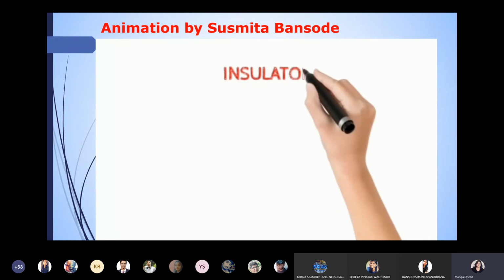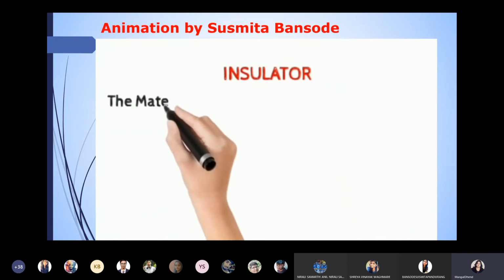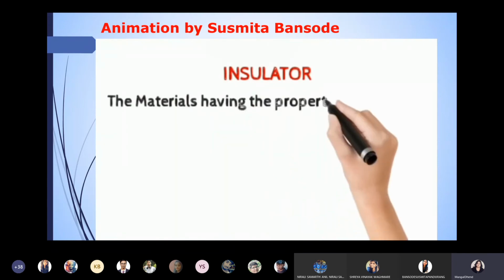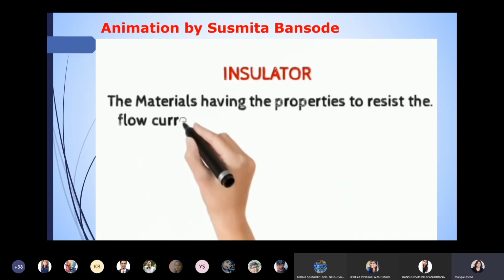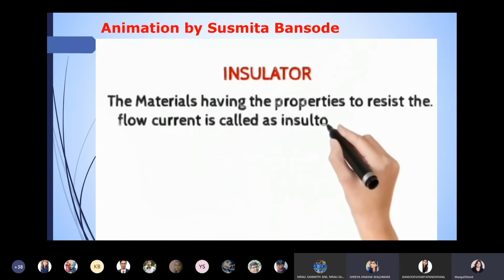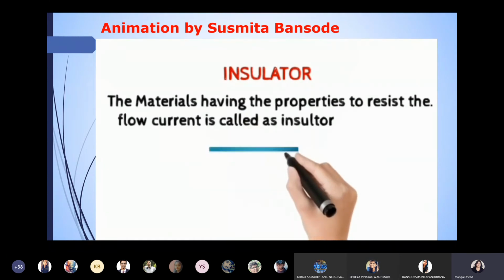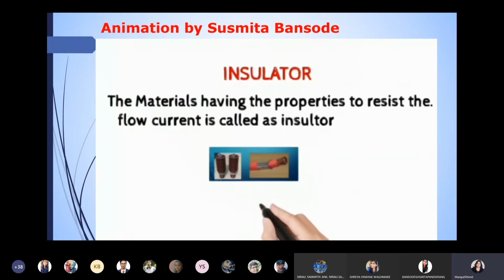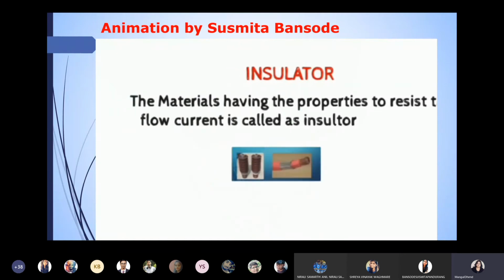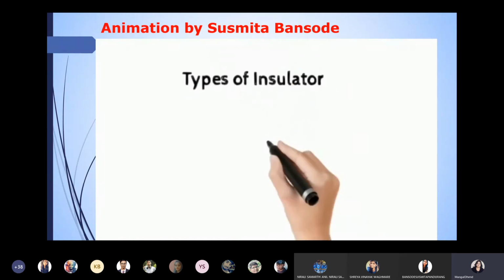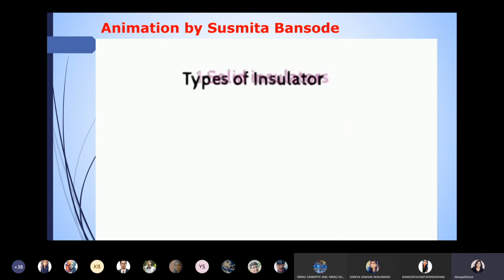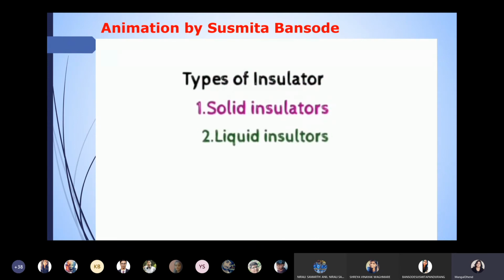What is an insulator? The materials having the property to resist the flow of current are called insulators. Here are some pictures of insulators. Then, types of insulator. There are three types: solid insulator, liquid insulator, and gas insulator.